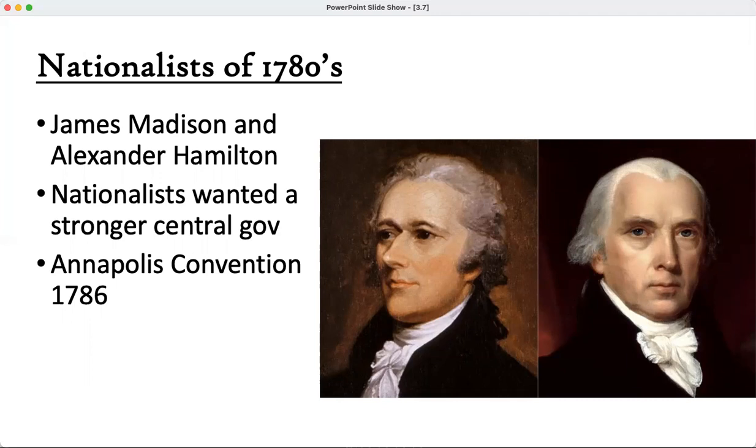They want to amend it to allow the central government to regulate interstate trade and international commerce. And it's a total failure. Only 5 of the 13 states show up. The states aren't interested in losing any of their power, even if it means as a whole, the country would be stronger. Hamilton and Madison are going to realize more drastic action is needed. Otherwise, our American experiment will fail.